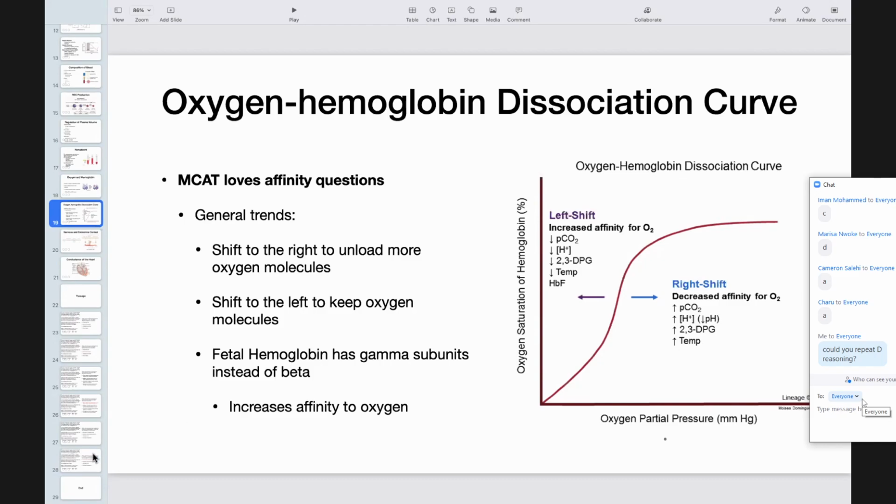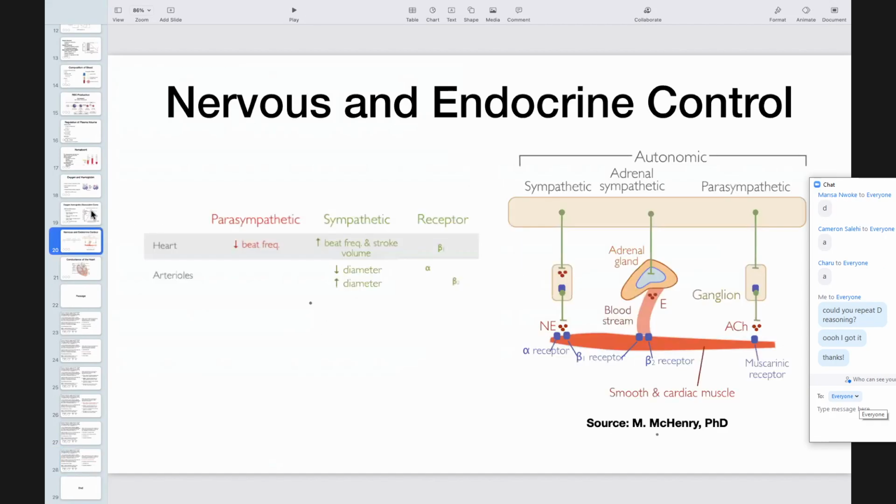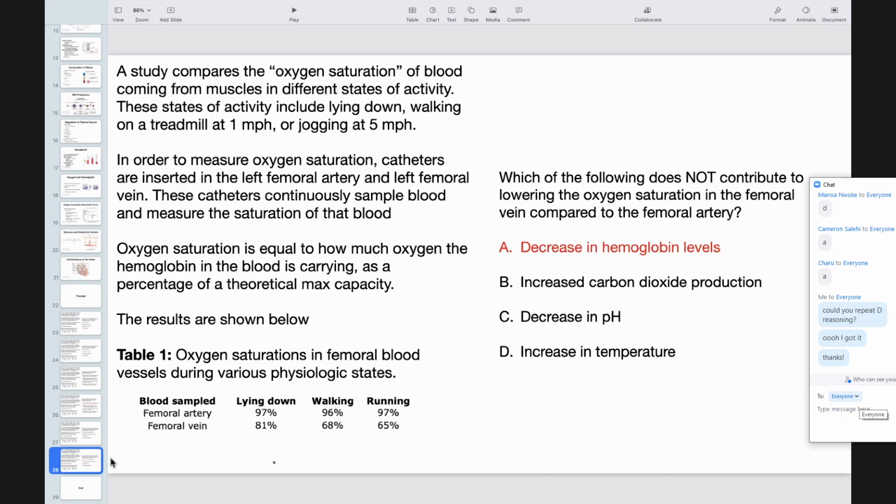So which of the following is contributing to the hemoglobin kicking off the oxygen as it travels from femoral artery to femoral vein? B, C, and D are all on this side. They all will make the hemoglobin want to kick it off. Hemoglobin levels from artery to vein do not change. It's their saturation that changes.